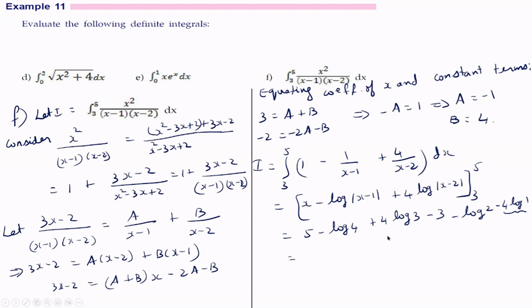So here 5 minus 3 is 2, and here it is minus log 4 plus log 2. So it is minus log of 4 by 2, plus 4 log 3. So this is 2 minus log 2 plus 4 log 3. This is the value of this given integral. So this is this f subdivision.